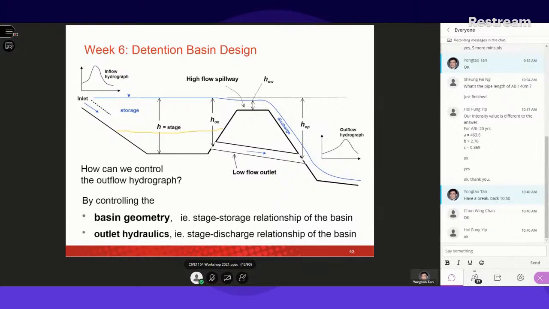But if the water level is higher than the weir crest, for example here, there will be two outflow outlets: one is the low flow outlet, another is the high flow spillway. So more water can be released downstream in a major event, for example, a 50 year major rainstorm event.